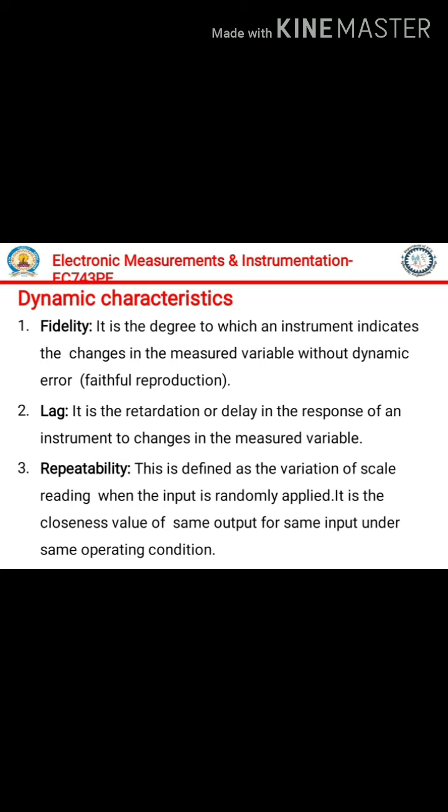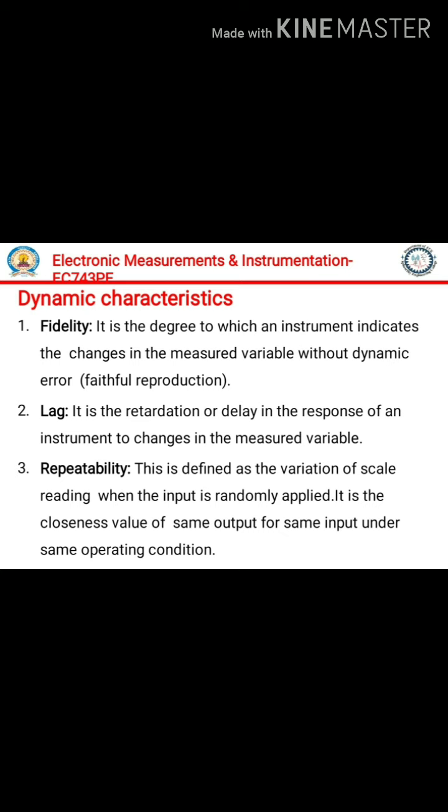Next, the dynamic performance characteristics. Under dynamic performance characteristics, fidelity, lag, and drift are the most important. Fidelity is the degree to which the instrument indicates the change in the measured variable without dynamic error. Indirectly, it's a faithful reproduction.